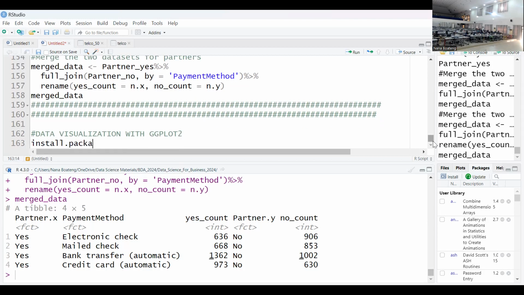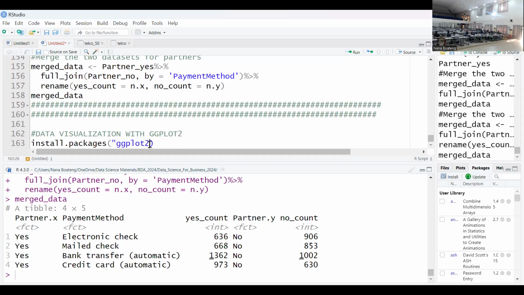You know by now that when you want to install a package, you use install.packages.